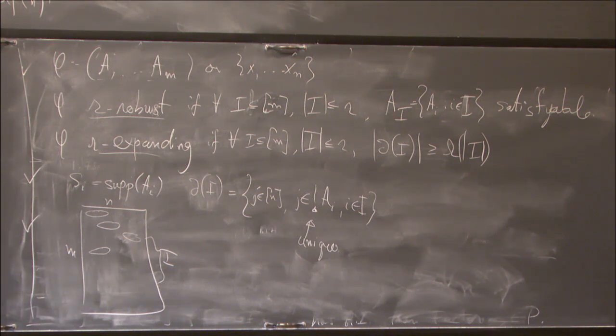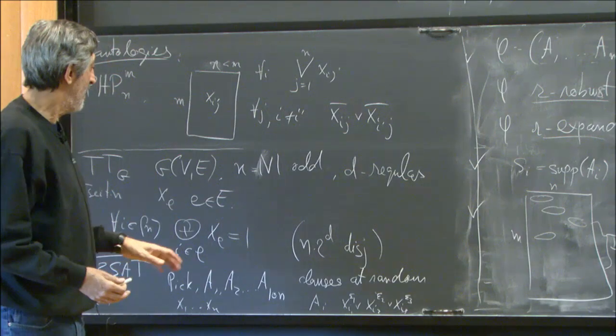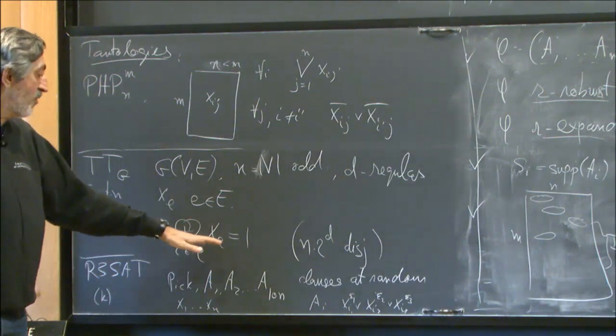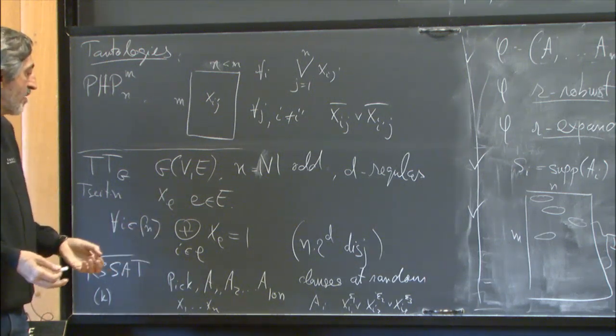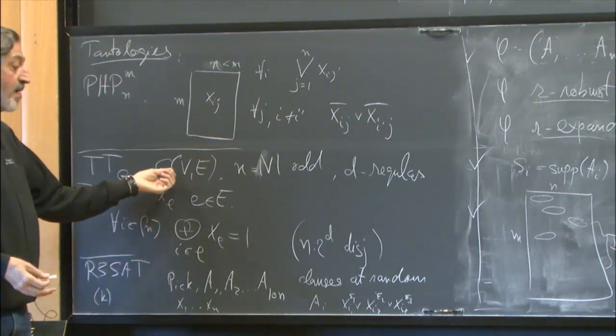Okay, why is it expanding? Well, here, what are the sets? The sets are, so this is N also here. Well, I guess it's reversed. The matrix is reversed. But basically, we are looking at a set of equations. So a subset I of equations is a subset of the vertices.